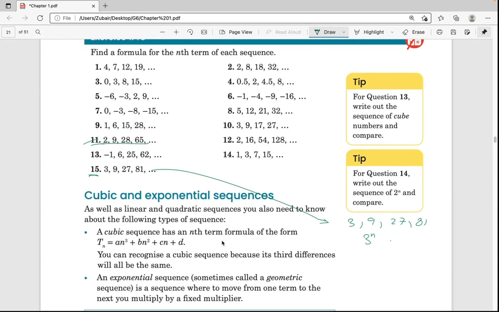So go through these questions, try them. The more you practice, you'll be able to analyze the question and see which sequence is actually occurring at that point.